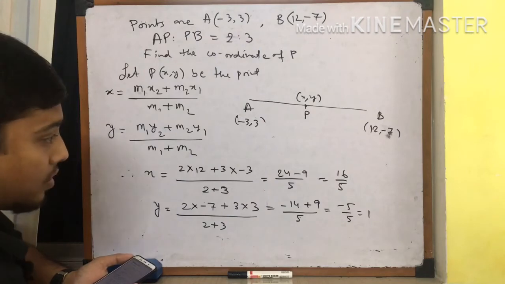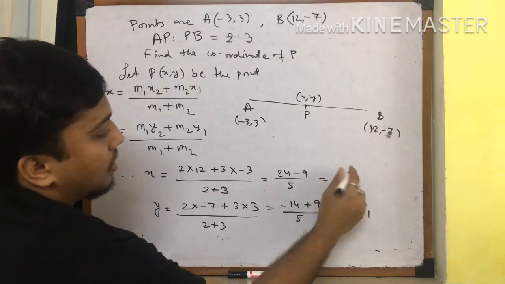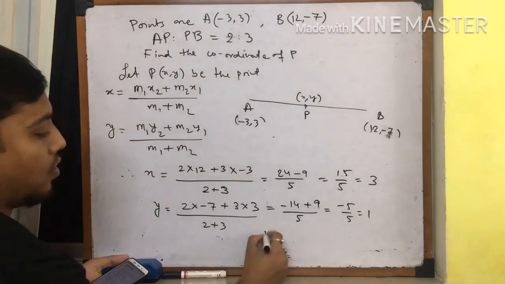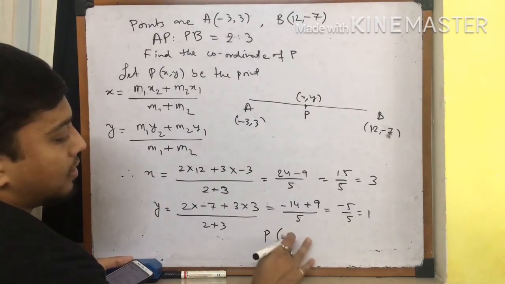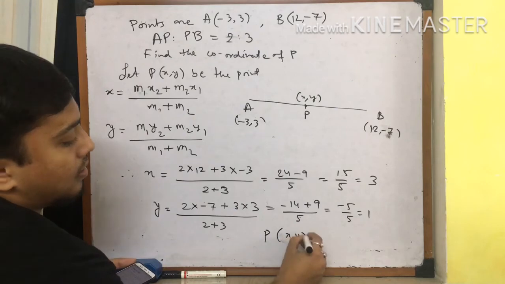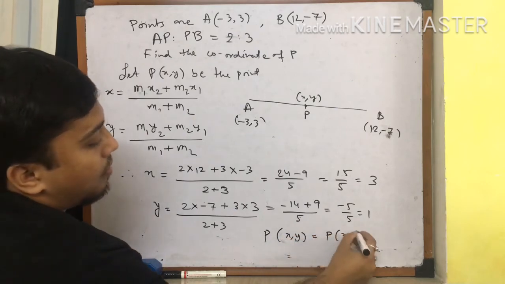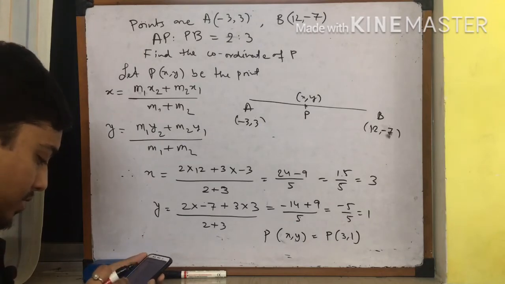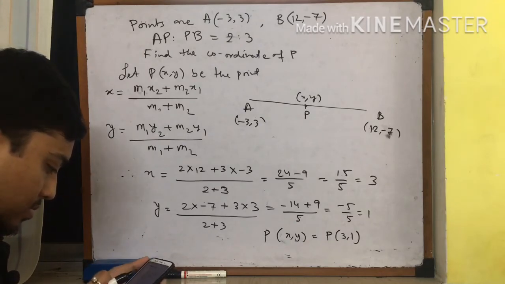So the coordinate of P is 3, 1. These types of problems are given and are very easy to solve.